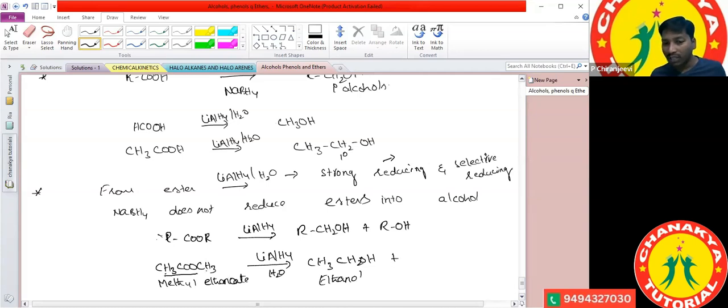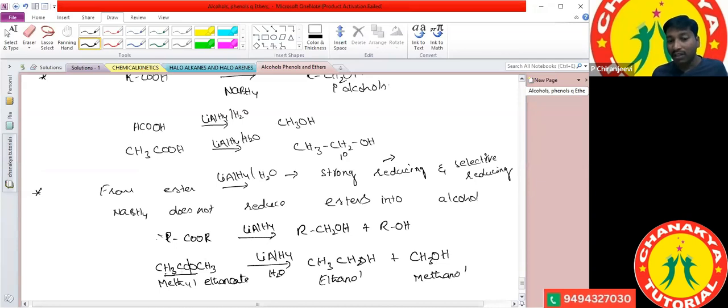And the alkyl group attached to the oxygen is converted into CH3OH, which is methanol. Where are we taking the reduction exactly? There are 2 carbon atoms on one side; one carbon goes to the alkyl group.